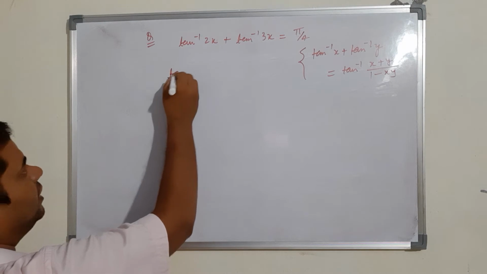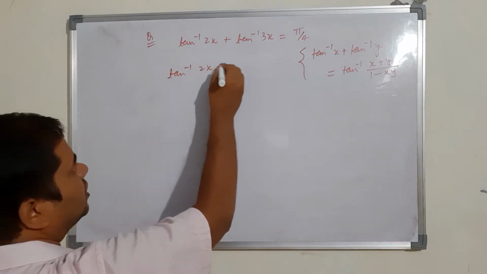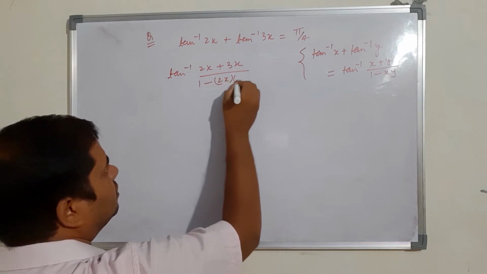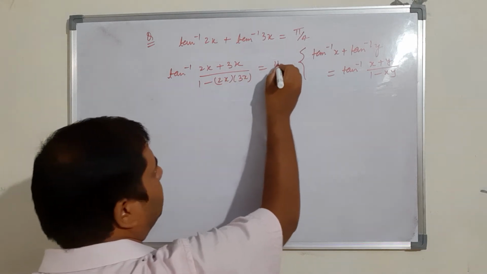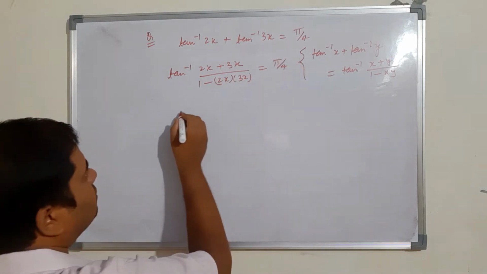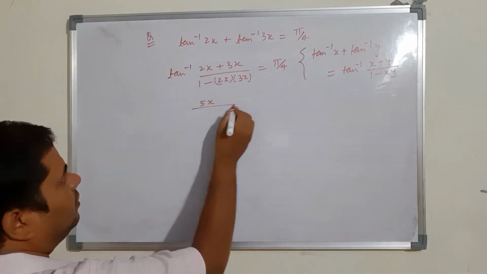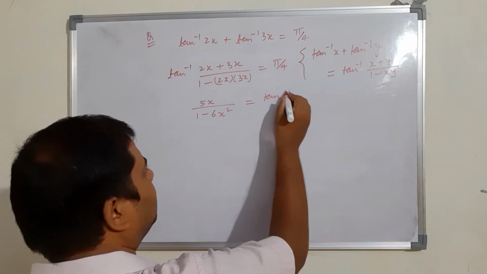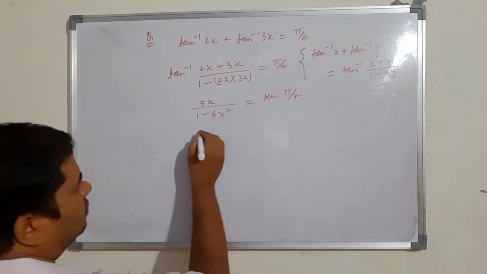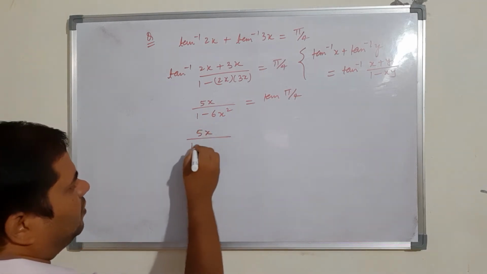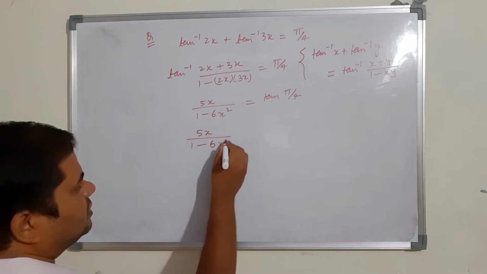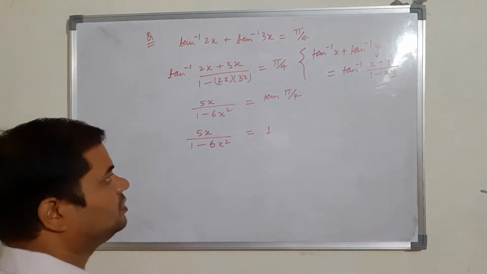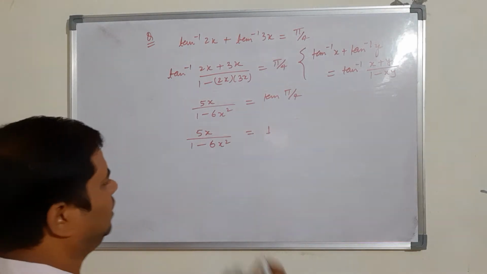So this is tan inverse of (2x plus 3x) divided by (1 minus 2x into 3x) is equal to pi by 4. This is 5x upon (1 minus 6x square) is equal to tan pi by 4, which is 1.